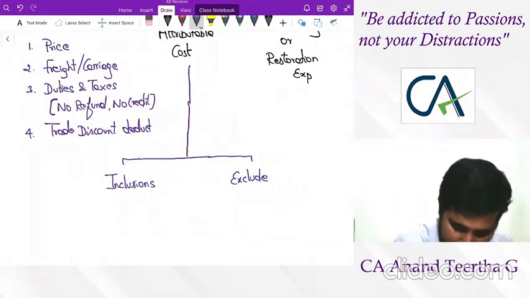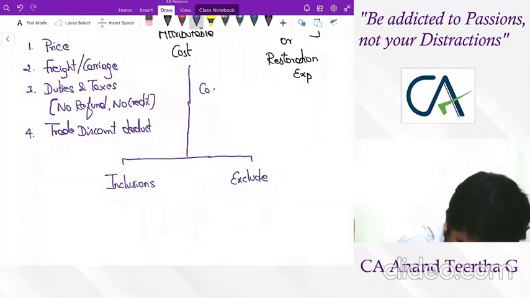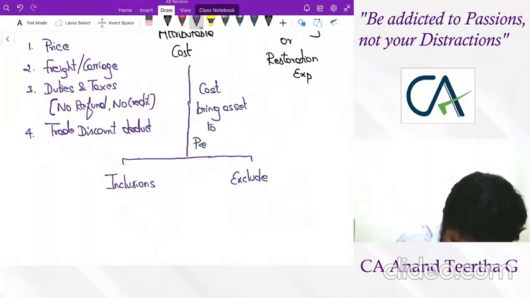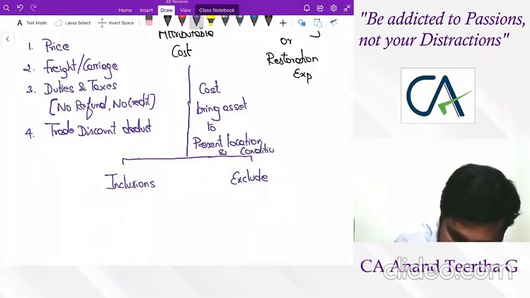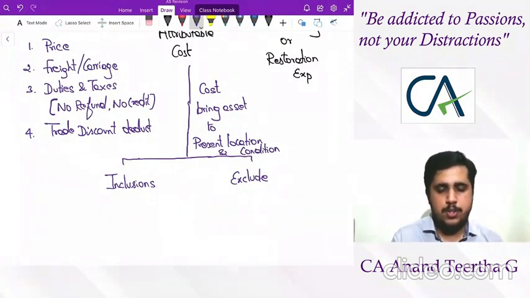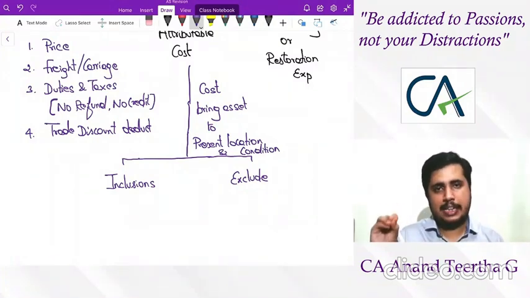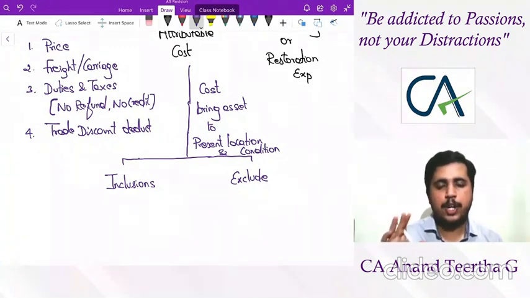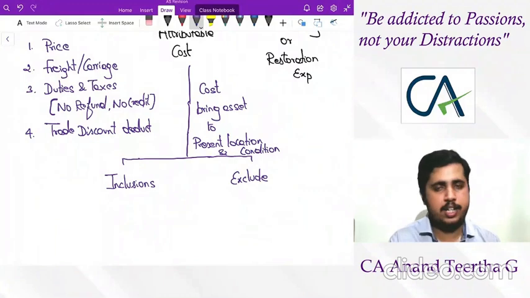It means any cost to bring the asset to its present location and condition. This is the technical understanding of the term directly attributable cost. So it means any cost which is incurred to bring the asset to your present location and condition.